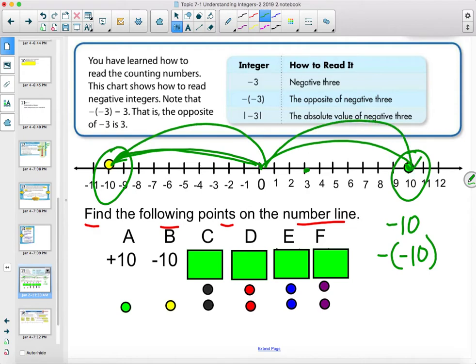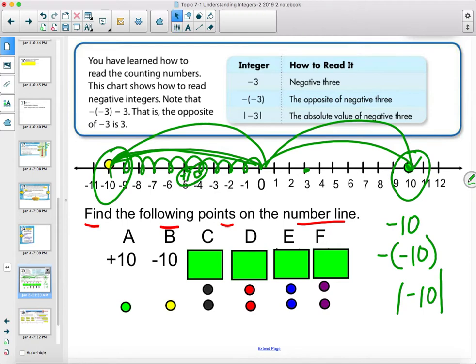If I said, find the absolute value of negative 10, then you count 1, 2, 3, 4, 5, 6, 7, 8, 9, 10. That's a positive number because you counted. So positive numbers over here because they're counting numbers.